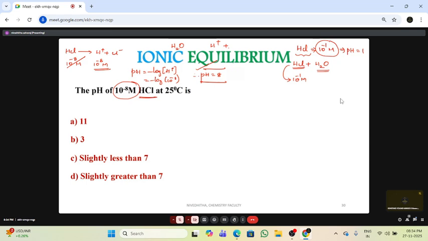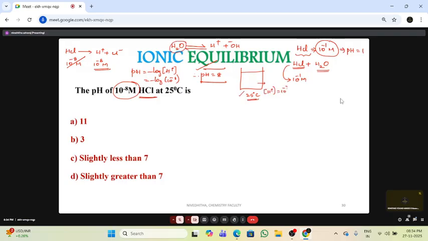But H2O is still dissociating. If you have a beaker full of water and the temperature is 25 degrees Celsius, water molecules will get dissociated into H plus and OH minus ion. But that will be a partial dissociation. At 25 degrees Celsius, this system will have H plus ion concentration as 10 power minus 7 molarity.